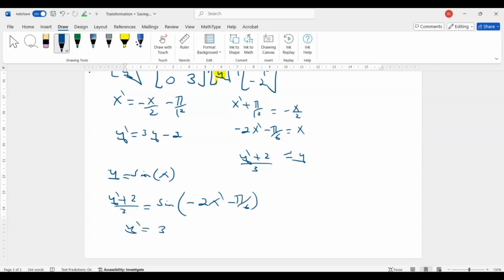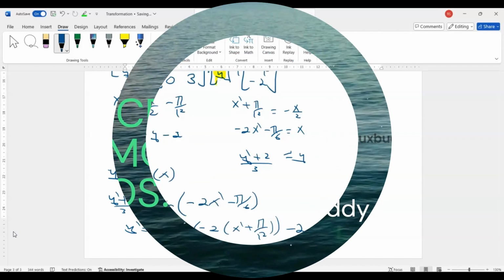That's why y image is 3 sine. Take the common factor out, so that's going to be x bar plus pi on 12. Then the 2 take it the other side. So that's how the new transformation will look. Using the matrix is much easier. I hope that's clear.